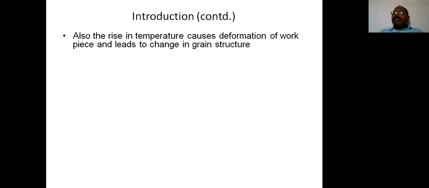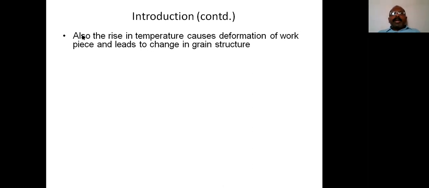Generally any component is produced with at least 2 or 3 machining operations. Suppose during the first machining process itself the hardness increases because of the change in grain structure, then it becomes difficult to machine in the next process or second time.